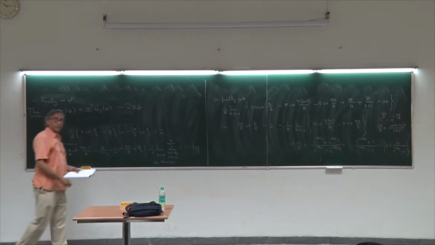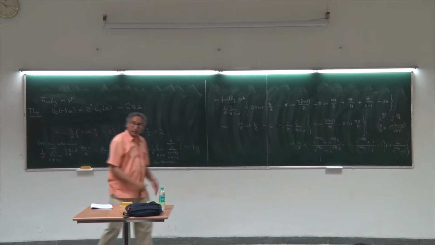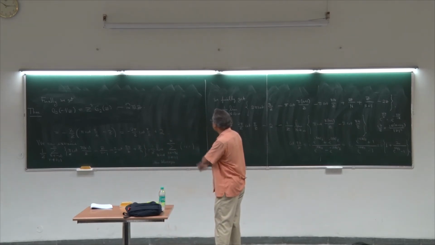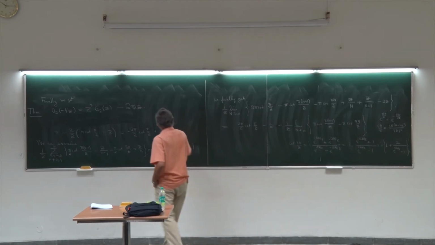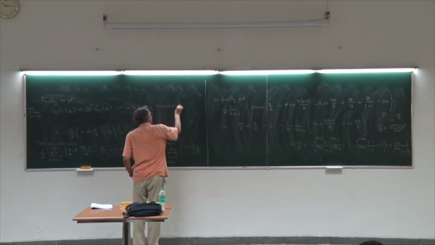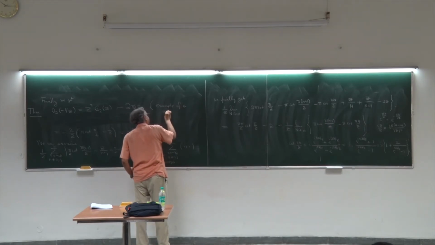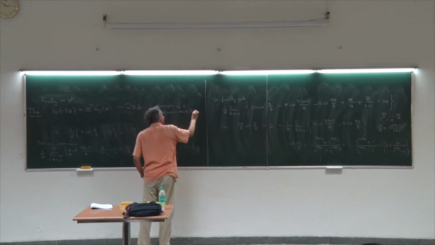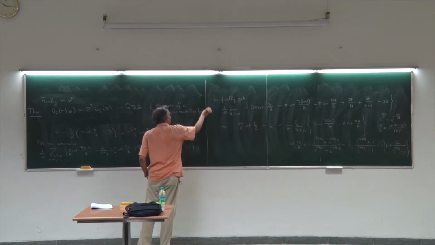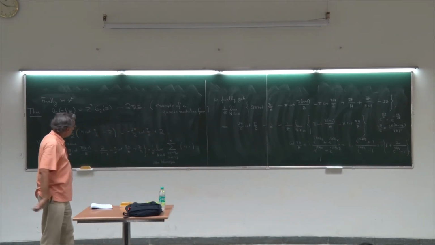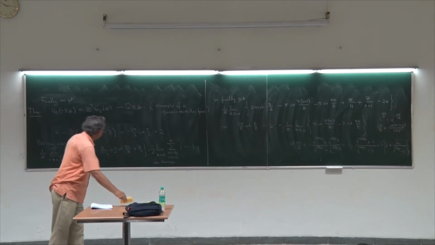So G2 of minus 1 over z is not equal to z squared times G2 of z. It's that plus this fudge factor. So this is an example of what's called a quasi-modular form. It's also an example of a mock modular form, but we won't get into that, which is again something that Ramanujan hinted at.